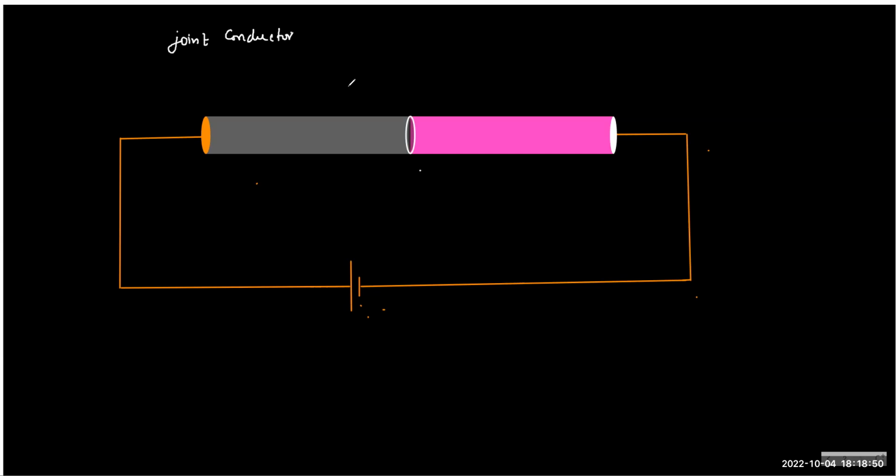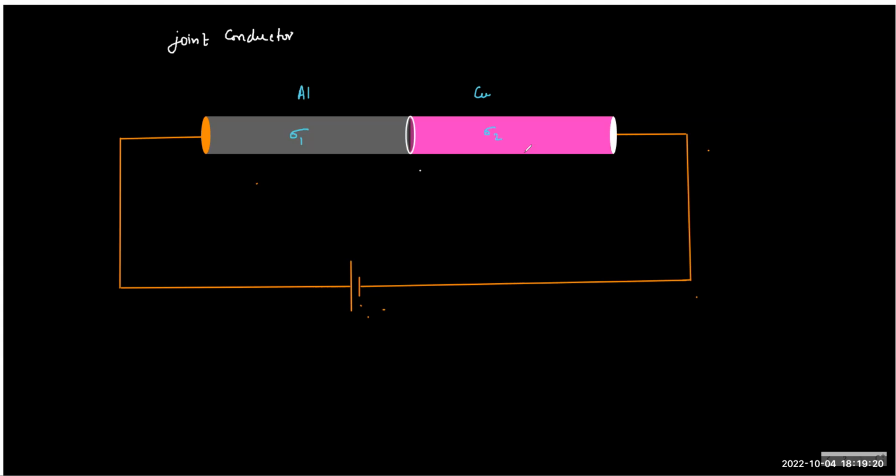The n will be different. But as you change the concentration, you inherently change the sigma, the conductivity, or the resistivity. Let's say one is aluminum, the other is copper. So we have sigma 1, we have sigma 2.